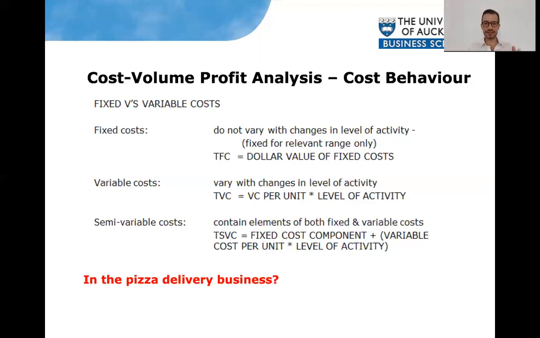But this is neither variable nor fixed because you will still need to pay the full salary for that person. And so it will be fixed between 1 and 10. But then if you have more customers, you will probably need a second person. So it will be 1 to 10, one waiter, 10 to 20, second waiter, and so on. So this type of cost has a mix of the two and will be fixed up to a certain extent and then grow.